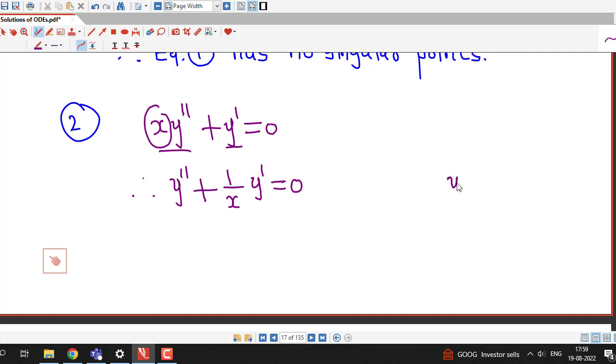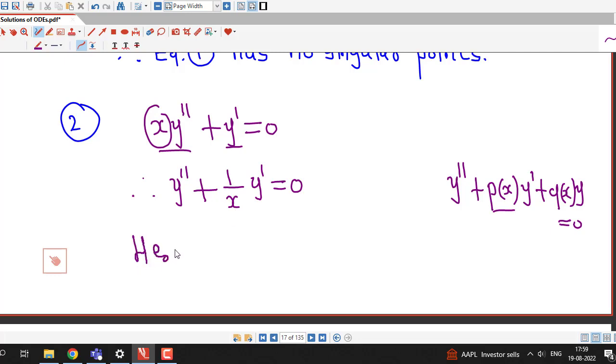Now we compare with the standard form, y double dash plus p(x) into y dash plus q(x) into y equal to 0. The coefficient of y dash is 1 by x, so p(x) is 1 by x, and q(x) is equal to 0 because there is no y term here.